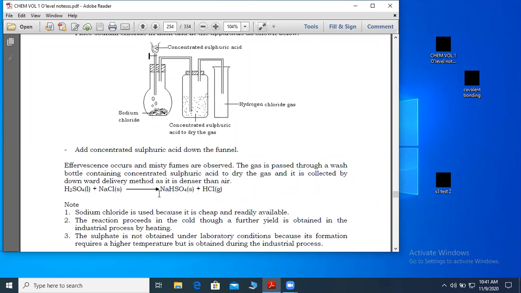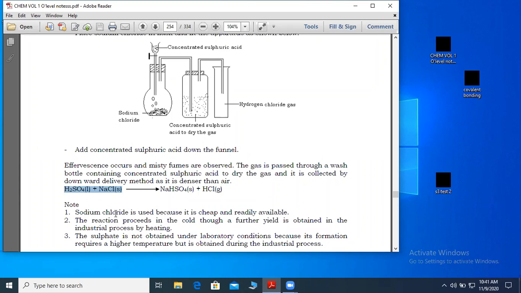So the state for sodium hydrogen sulfate must be a solid, because there is nowhere water is coming from. We are using concentrated sulfuric acid, which is a drying agent, and solid sodium chloride. So there is nowhere water is coming from to form sodium hydrogen sulfate plus hydrogen chloride gas.